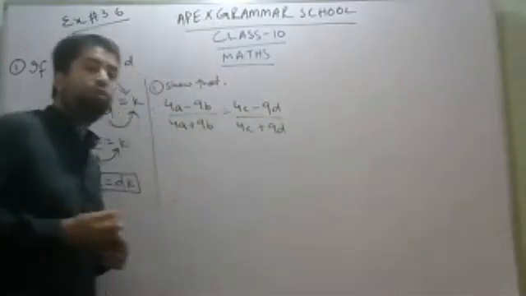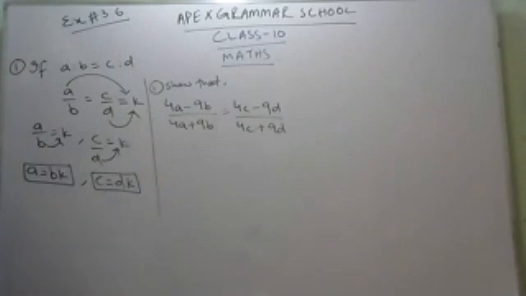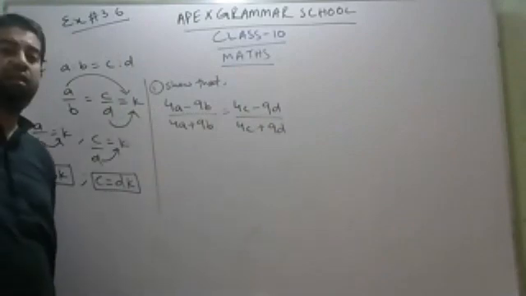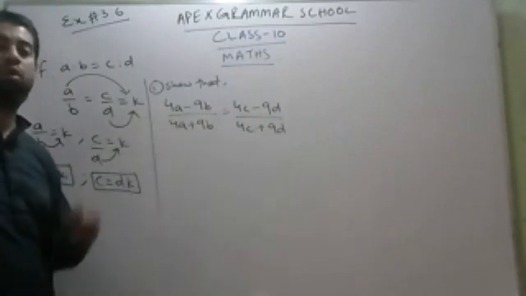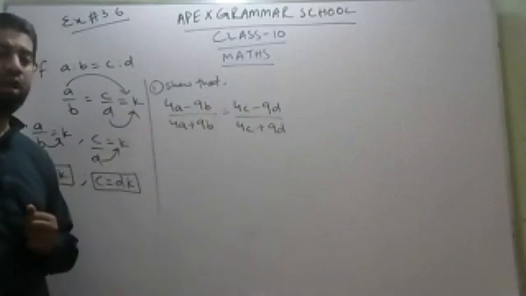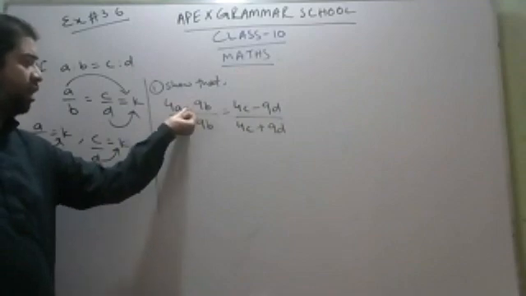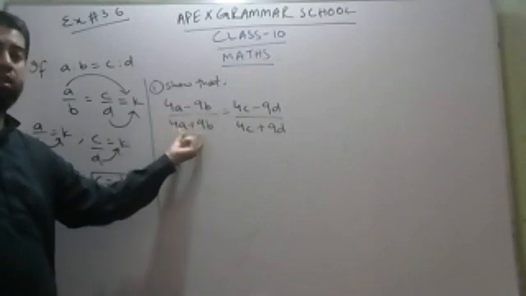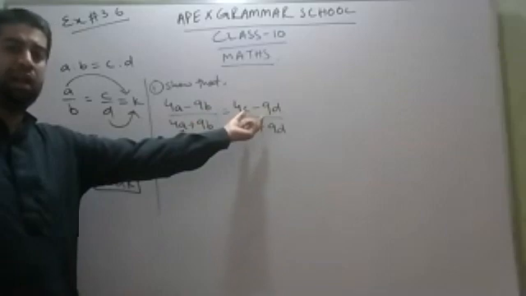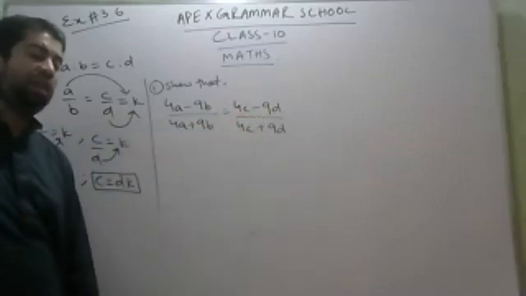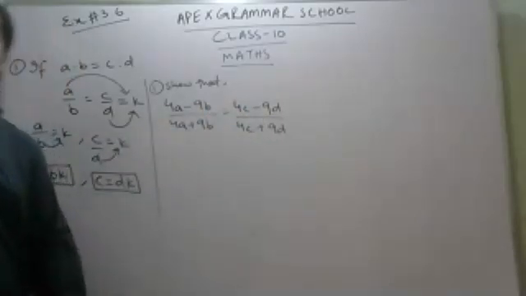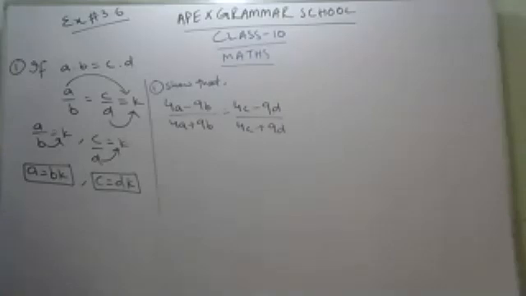Now, some students get confused here, because this looks like another form of componendo and dividendo: in the numerator, both terms with a negative relation, and in the denominator, both with a positive relation, and the same on the other side.